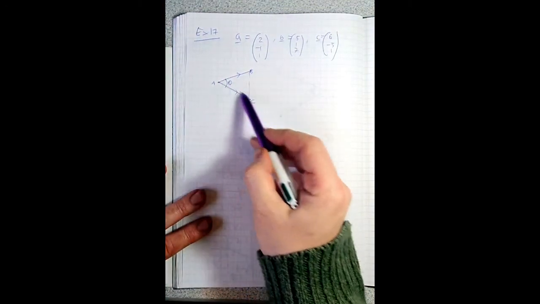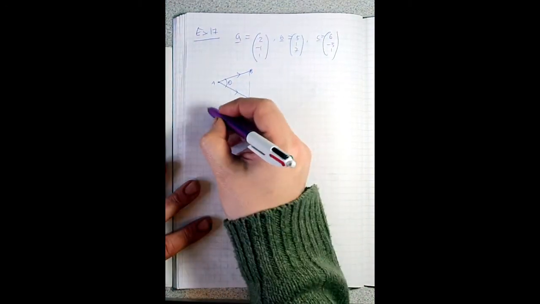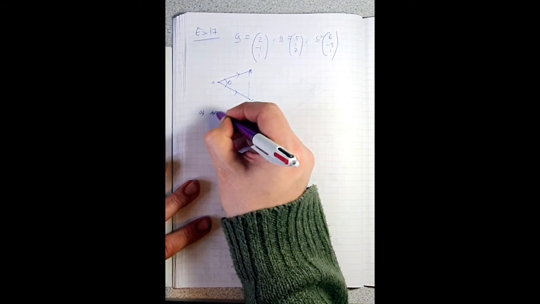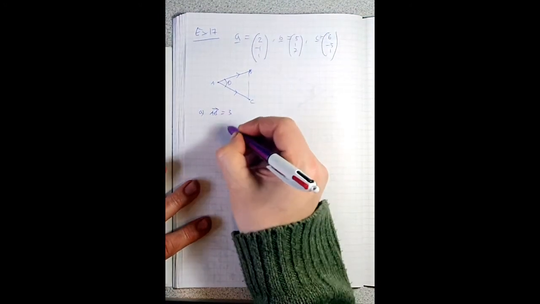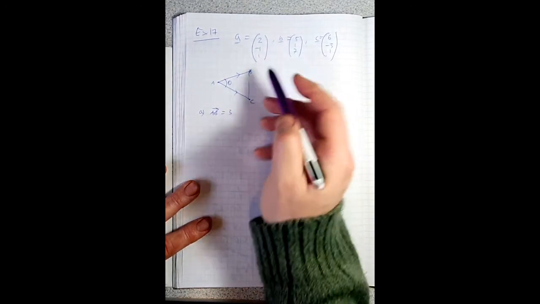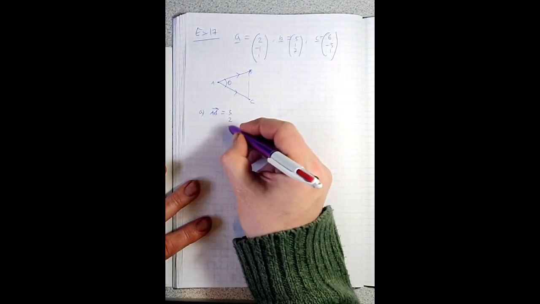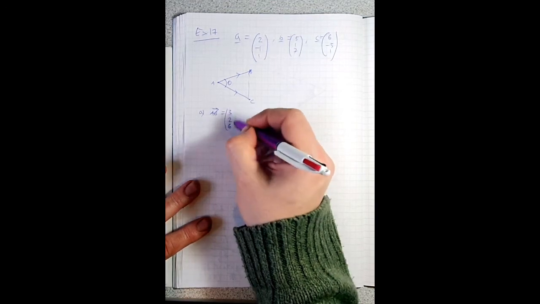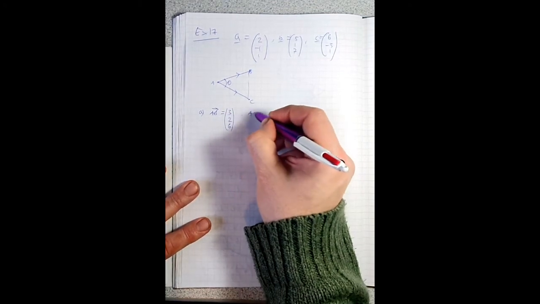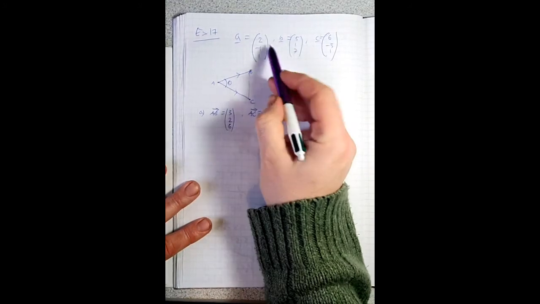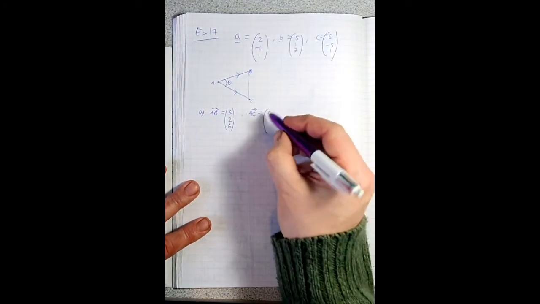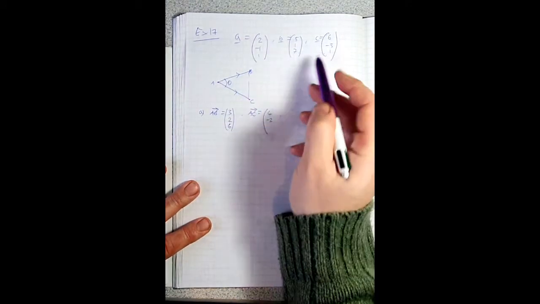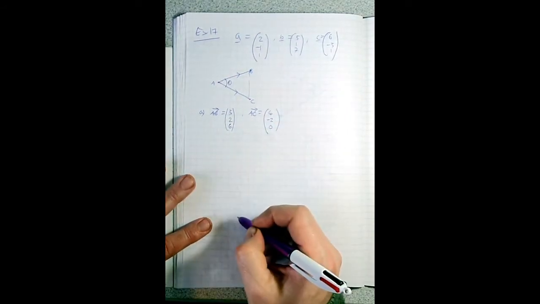So, part A, from A to B is 3, 2, 6. From A to C is 4, -2, 0.